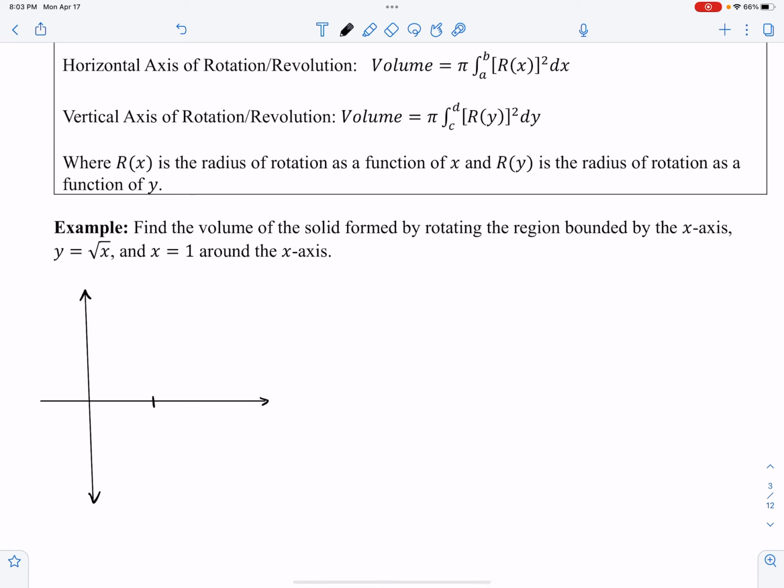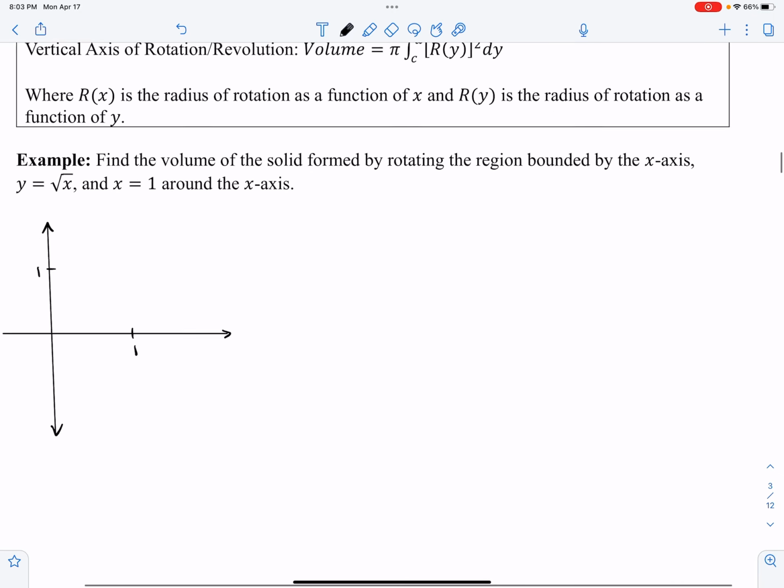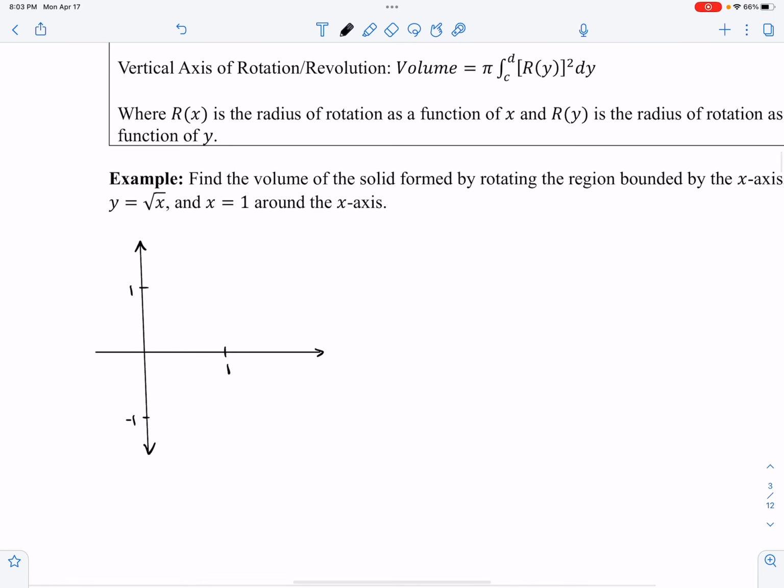Okay, square root of x, so let's say this is 1. Okay, so the square root of x, have a point here and here, right? That comes up like this.